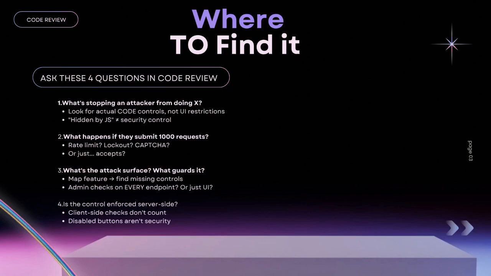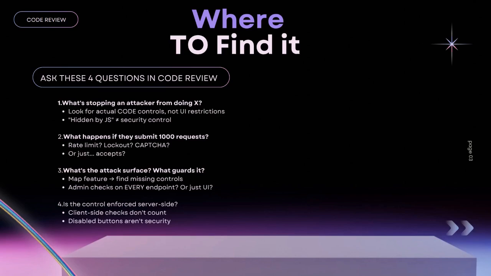Virus scanning? This kind of API endpoint, is there authorization or input validation? And for the admin dashboard, can a regular user access it? Is there a role check on every endpoint or just in the UI? Most insecure design happens because developers think the UI is the security control. Only admins see the delete button, but the delete endpoint does not check the role.